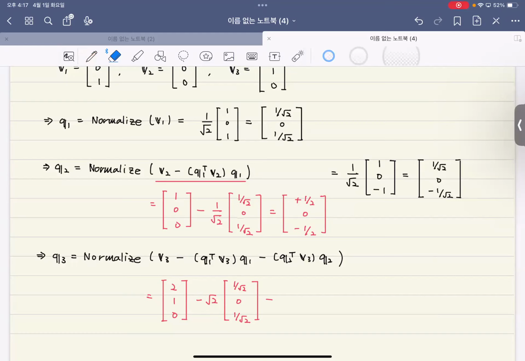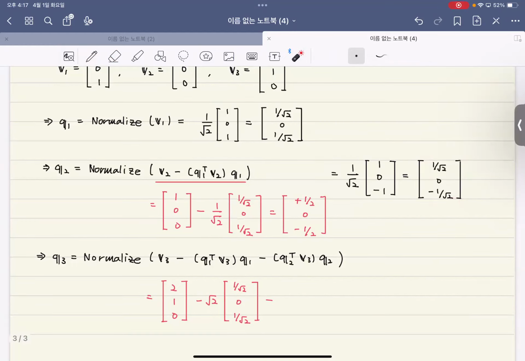And taking the inner product of V3 with Q2 gives, again, square root of 2, times (1/sqrt2, 0, -1/sqrt2). This gives (0, 1, 0).